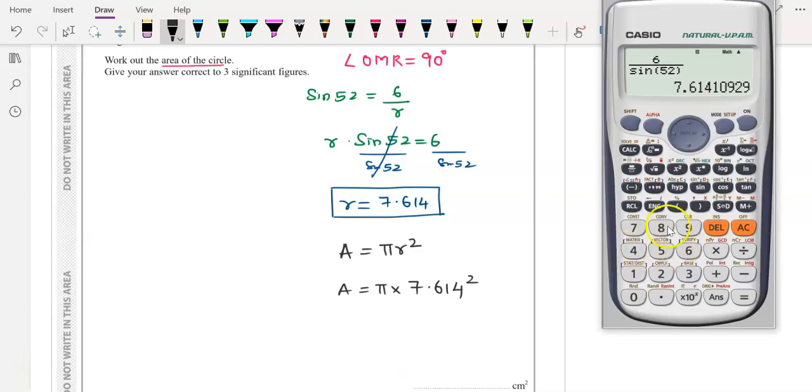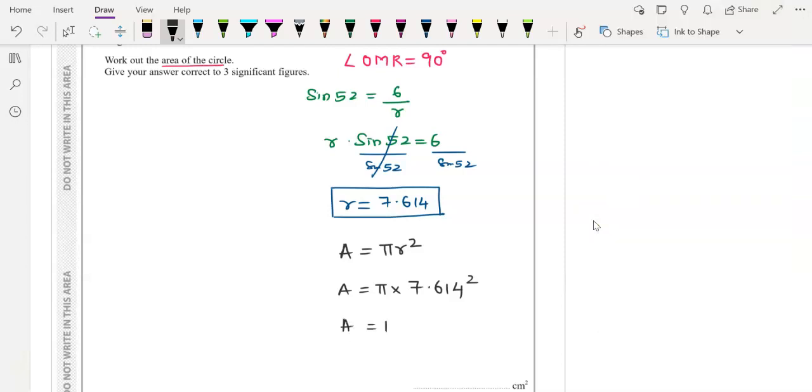Put this in the calculator: pi times 7.614 square gives me 182.12. The question says round to three significant figures. So I want only the first three, and the next digit is low. So the final answer will be 182 centimeters square.